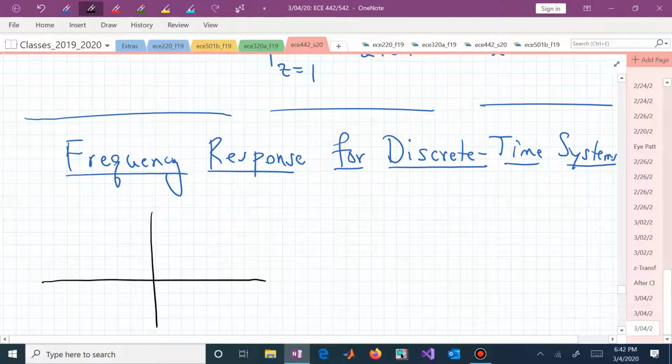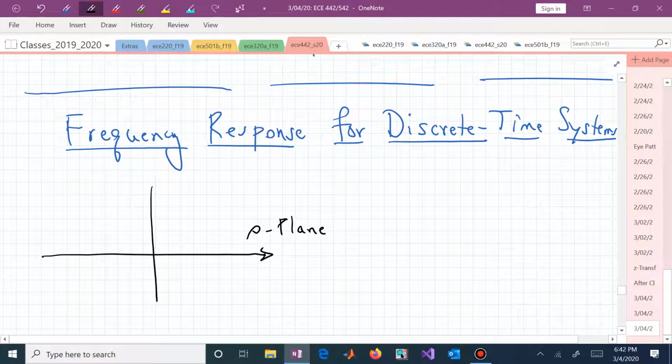If this is now the S-plane, how do you find the frequency response for a given pole zero pattern? Here's the real value of S. Here's the imaginary value of S. We just walk up this imaginary axis. We evaluate our transfer function at S equal to j omega.